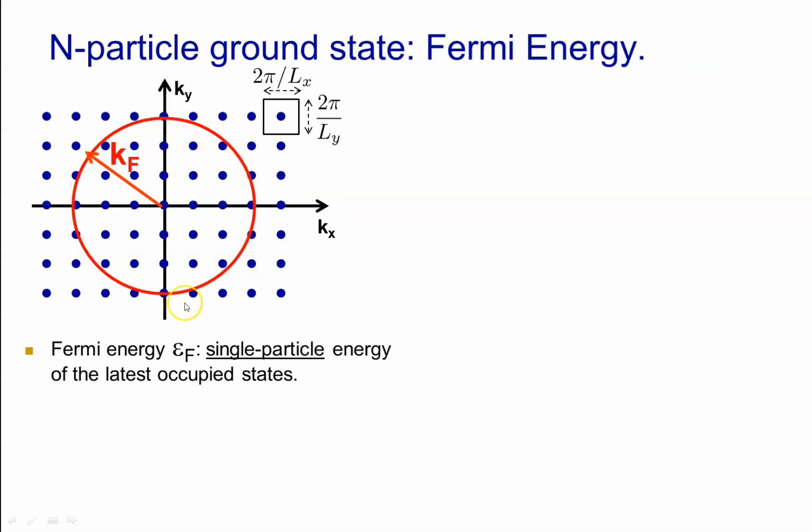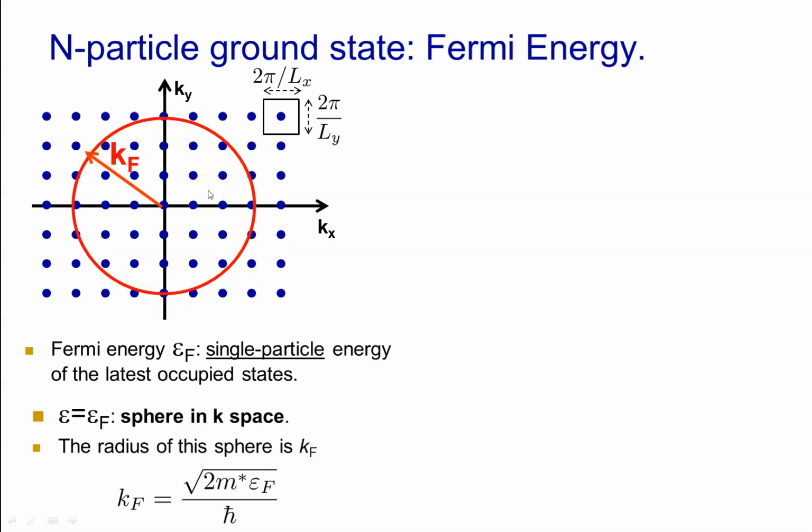For a given kF, the single particle energy defines a sphere in k space, since the energy depends on the absolute value of k, not on its direction. So any state with the same wave vector in absolute value has the same energy.